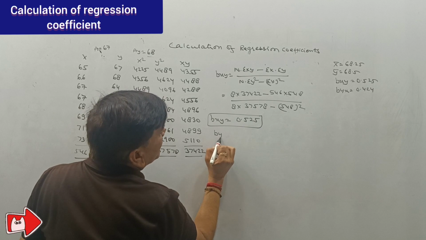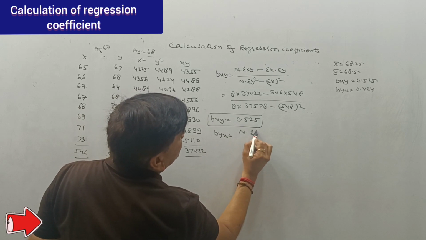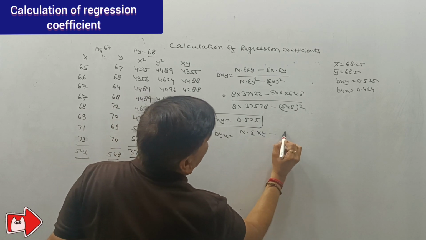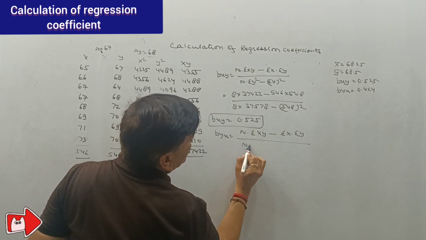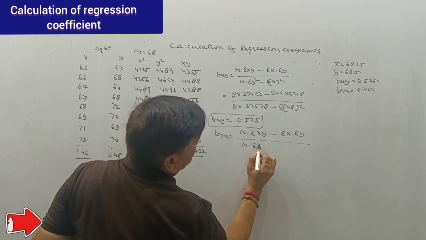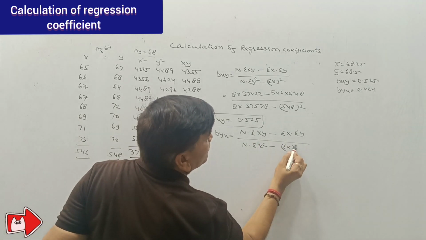For getting BYX, n multiplied by sigma xy minus sigma x sigma y, divided by n multiplied by sigma x square minus sigma x raised to power 2.